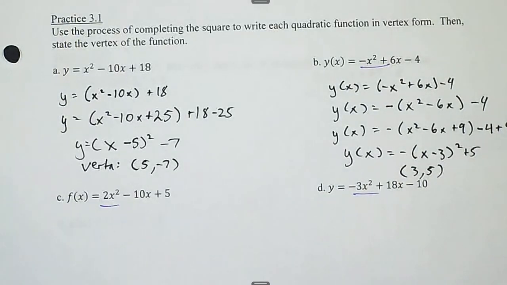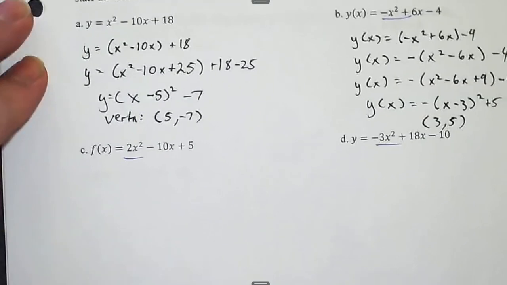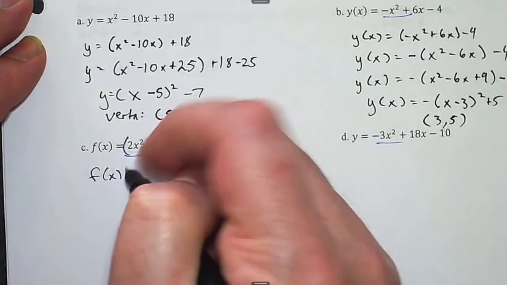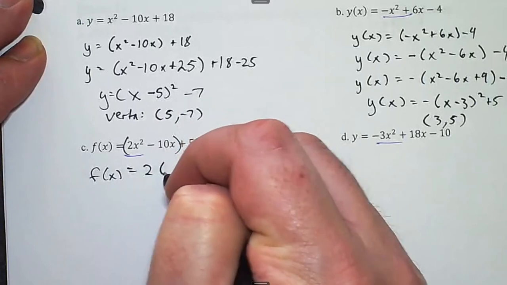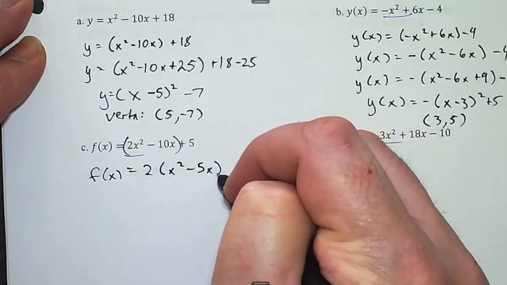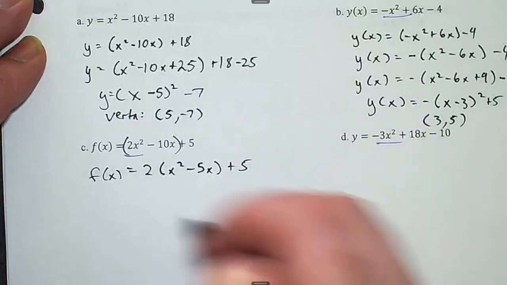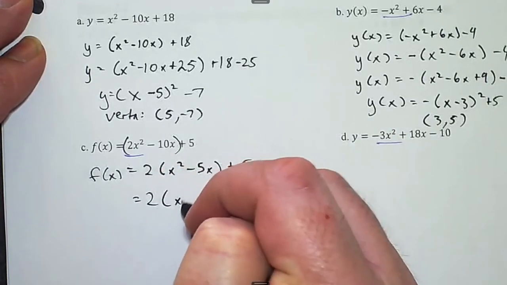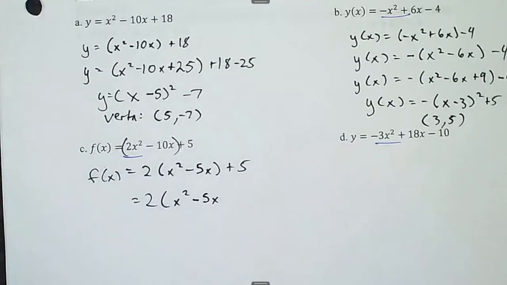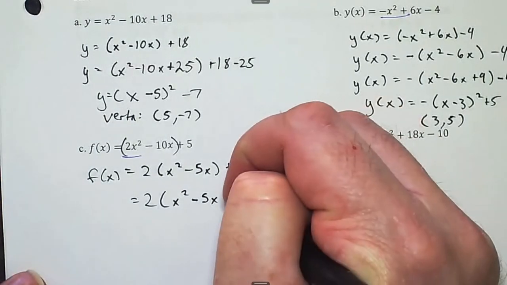All right. On the next one, we'll group these two, and then we'll factor out a 2. Then we'll take half of 5 and square it. So half of 5 is 5 over 2.